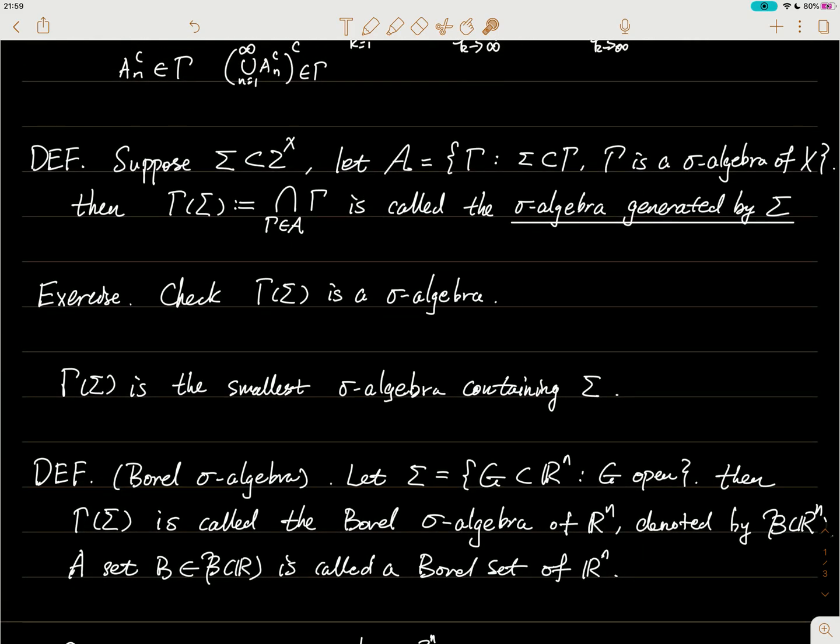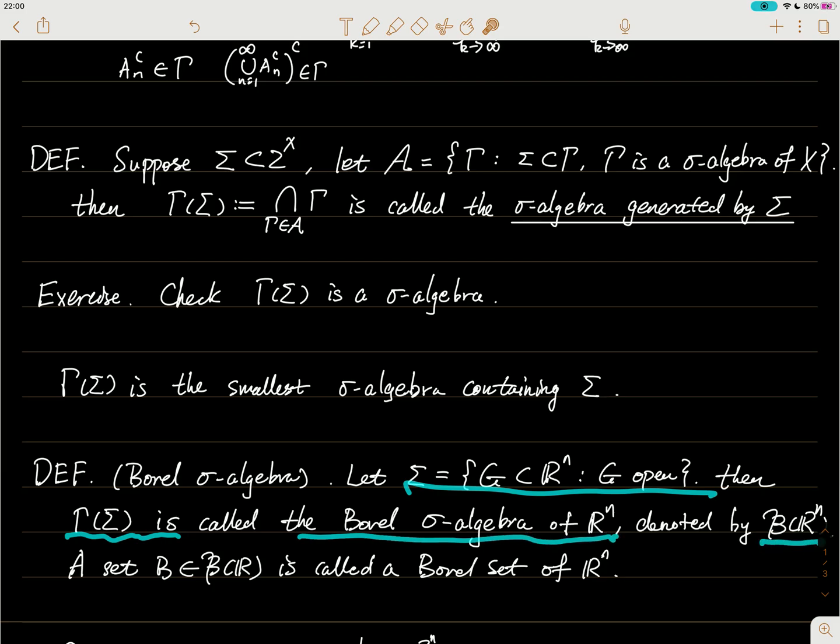And a common definition or notation that you see in measure theory or in real analysis is the Borel sigma algebra. You just define the sigma here to be the set of open sets in Rn, G is open, a collection of all open sets in Rn. And then the sigma algebra generated by this set is called the Borel sigma algebra of Rn.